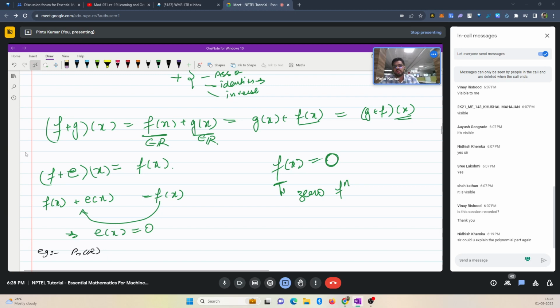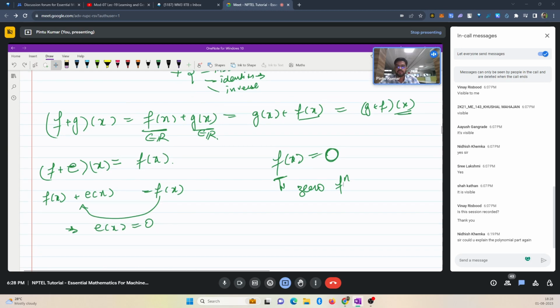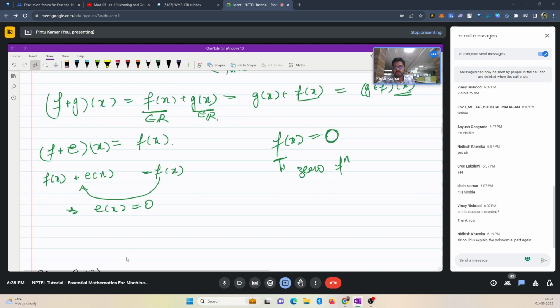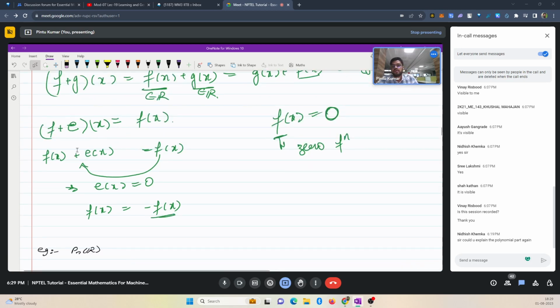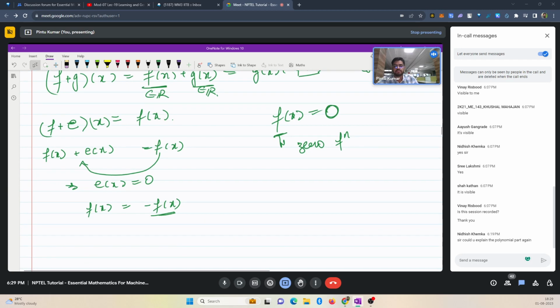Similarly, if you want the inverse, then you can take f of x is equal to minus f of x. Similarly, you can prove other properties of vector space also.